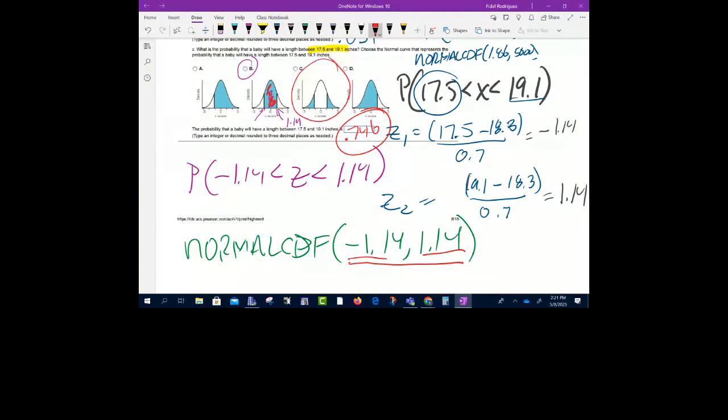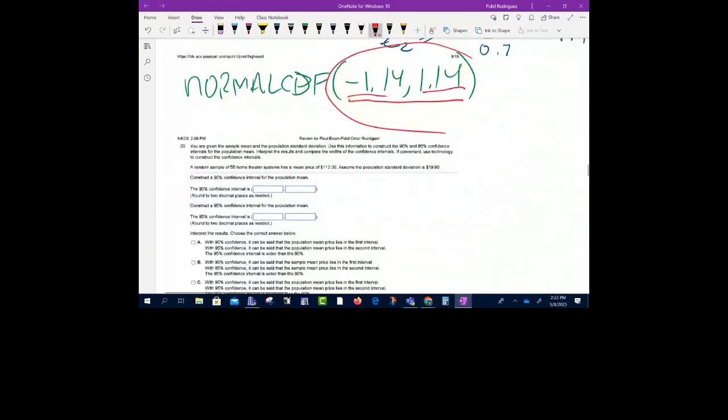And we would have done everything the same way. And once we found that area, we would have said 1 minus 0.746, and we would have found the probability that it was not, right? But that's basically all you're doing. So what I was doing, sir, I was getting my negative 1.14, and then I would do negative 5,000. So I was getting the outer. You were getting the outside, right? Yeah. We don't want the outside. We want the inside. Exactly. Yeah. Thank you, sir. You're welcome.